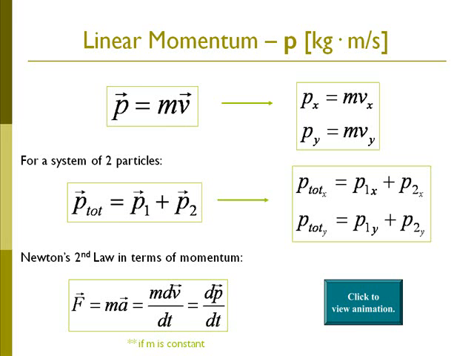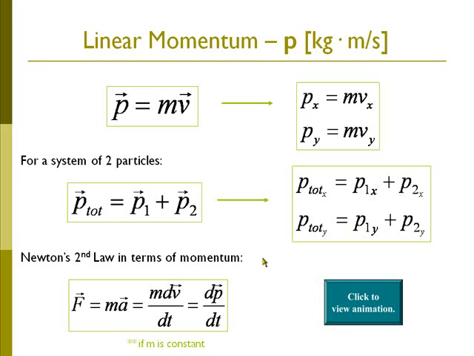If we are to define a system that is made up of 2 objects, then we can talk about the total momentum of the system being made up of the sum of the individual momenta, object 1 and object 2. Here again, we consider the components in the x and the y direction.